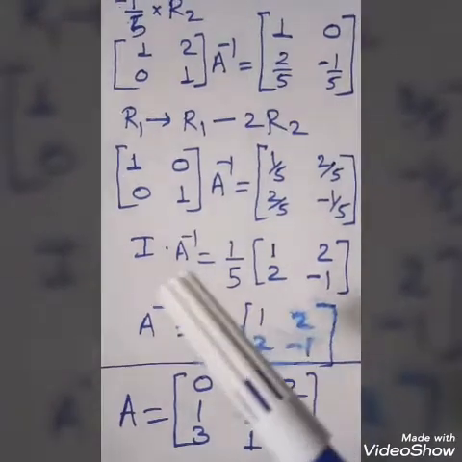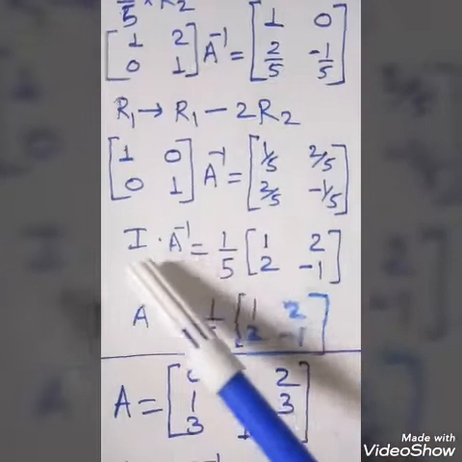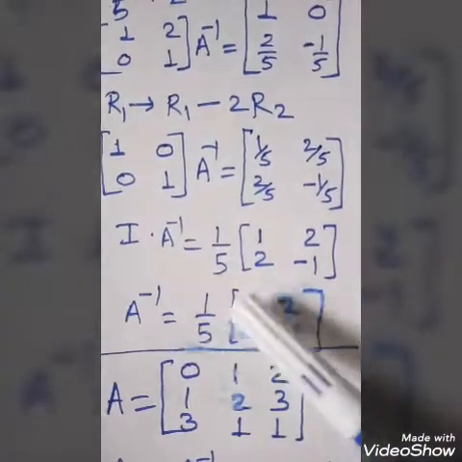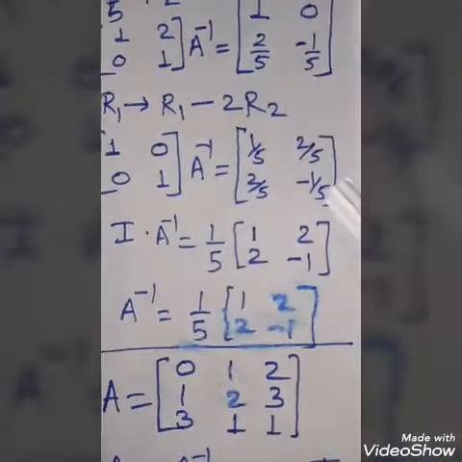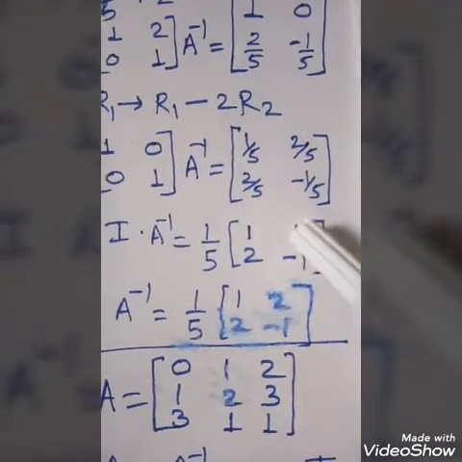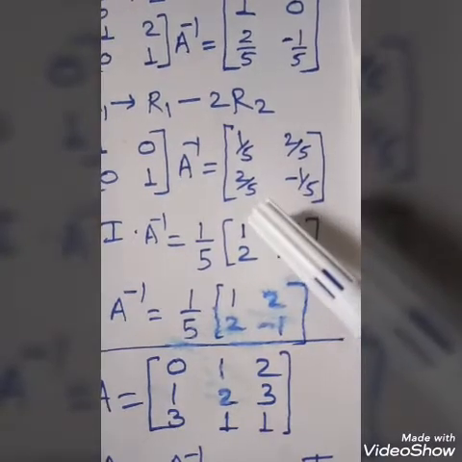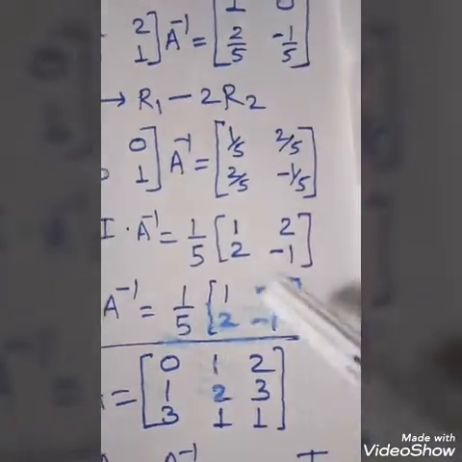How to get result? See here, this is the identity matrix, I into A inverse, again by property it is equal to A inverse, which is equal to 1/5. Here in every element of matrix there is a 5 in denominator, so we take 5 common, 1/5, then we get in matrix 1 2, 2 minus 1.